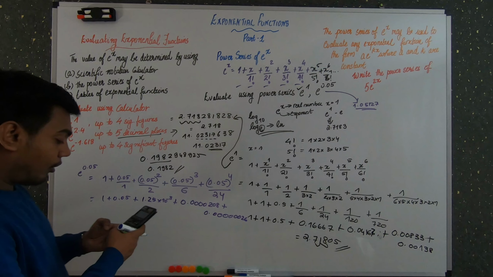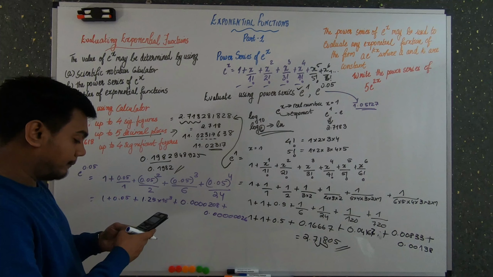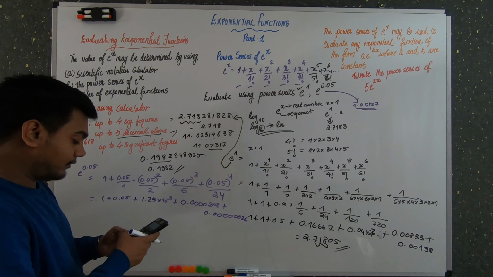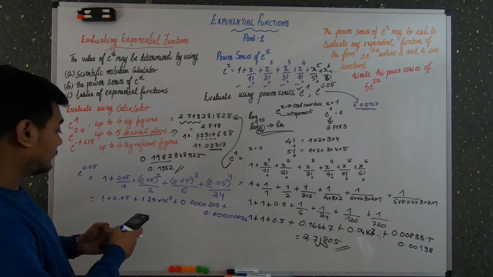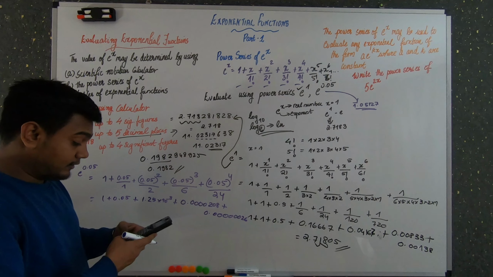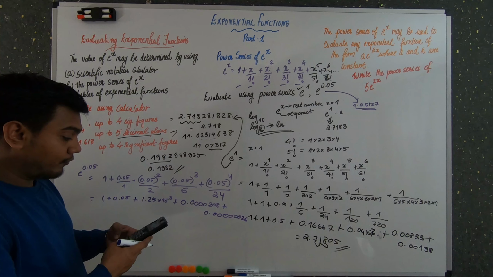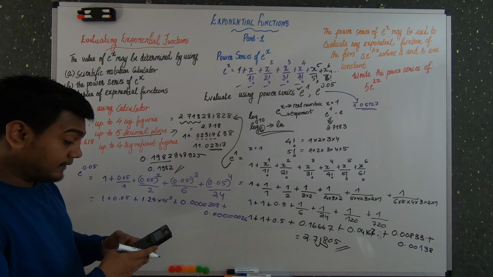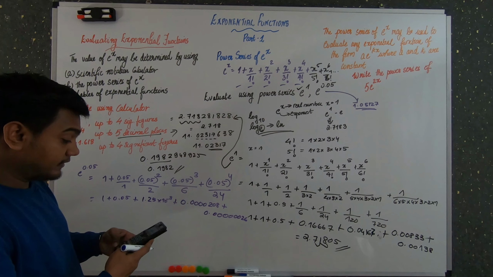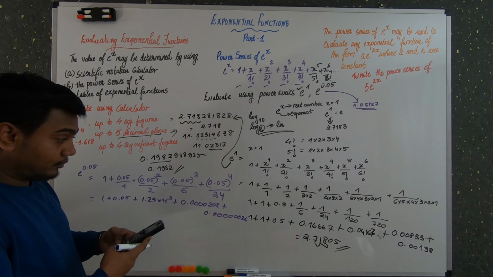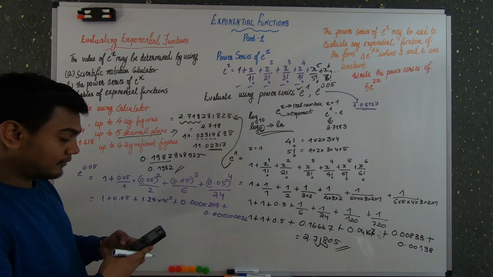Now let's add all these values together. 1 plus 0.05, I made a mistake, 1 plus 0.05 plus 1.25 into 10 raised to minus 3 plus 0.0000208 plus the last tiny term.